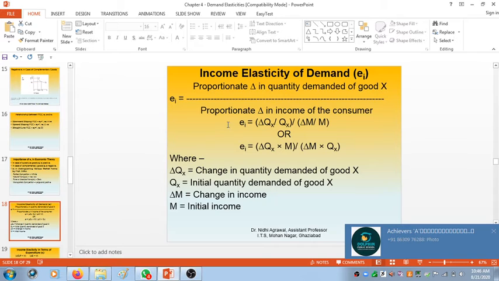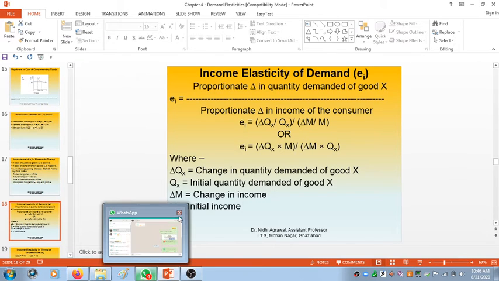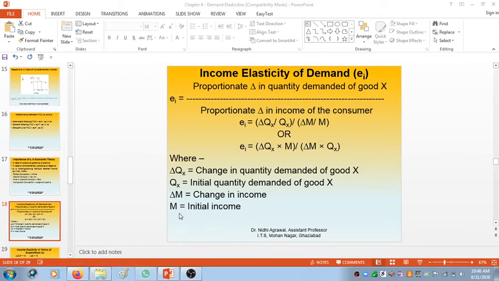So the formula can be represented as proportionate change in quantity demanded of X divided by proportionate change in income of the consumer, right? Algebraically it can be represented as delta qx upon qx, because we are taking demand in the numerator, divided by, in the denominator, income, and income is represented by m.